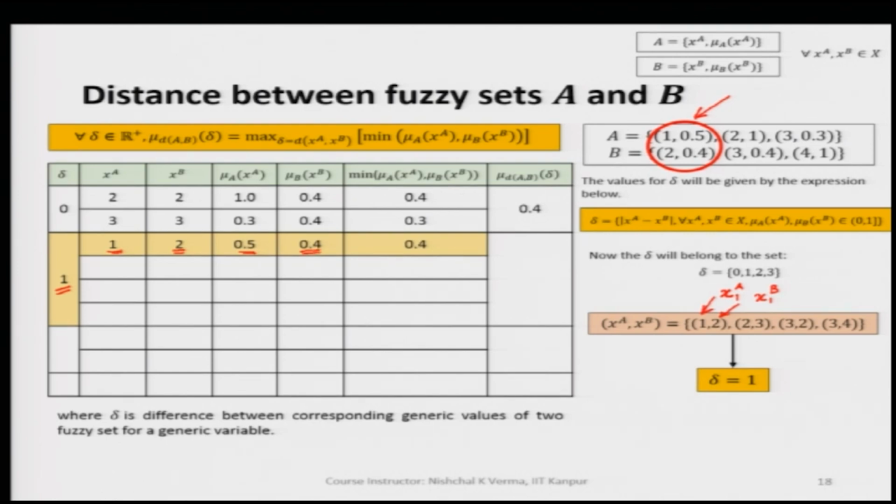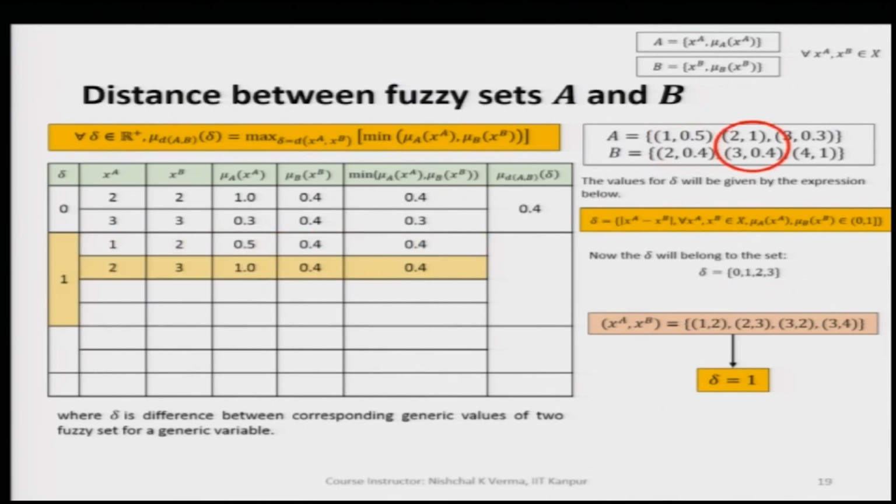Now, in the sixth column, we take the minimum of all these entries, and this gives us 0.4. Now let us take the other pairs for which delta is equal to 1.